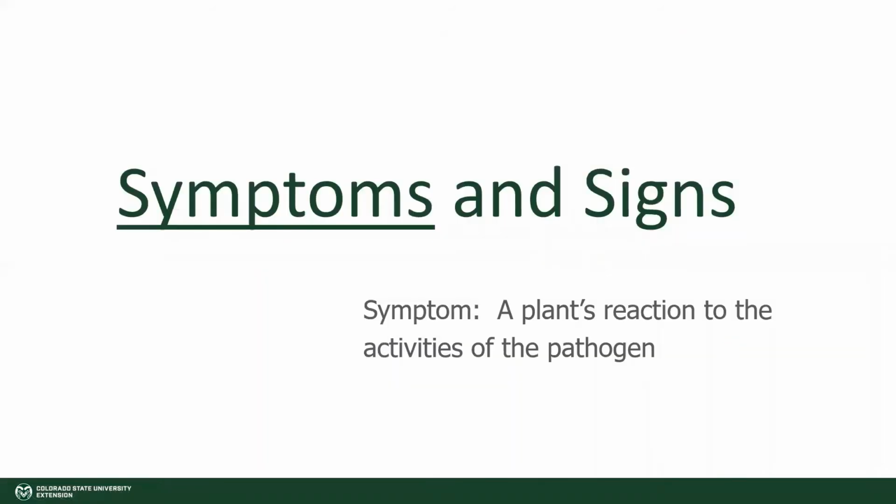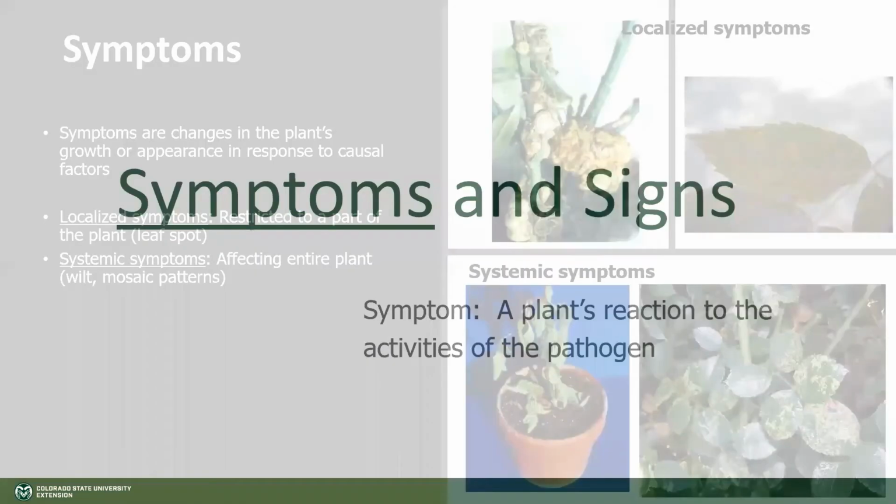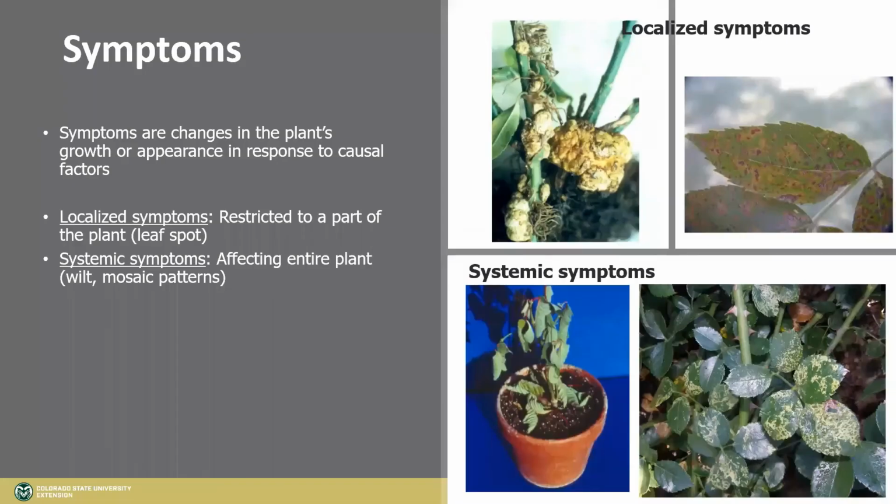We're going to start with the symptoms, and a symptom is a plant reaction to the activities of the pathogen. So the plant is actually showing you something due to the activities of an external factor. Symptoms, as I said, are changes in the plant's growth or appearance in response to the causal factors.